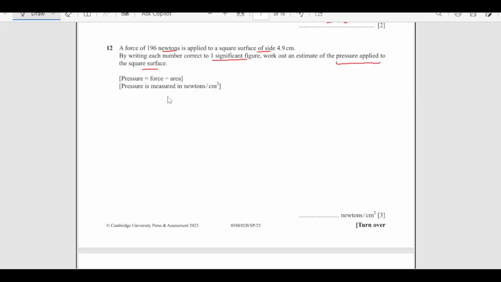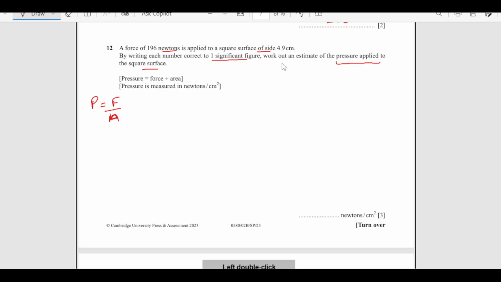Now this question seems like it's from physics, but they have given you the formula here, so don't worry about that. We are given that pressure is equal to force over area, right? We are looking for pressure, so we will be using this formula.